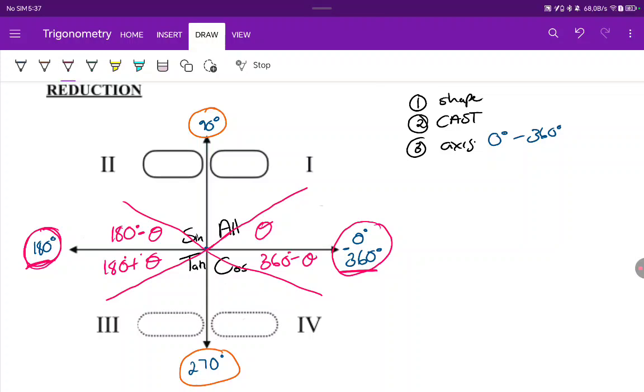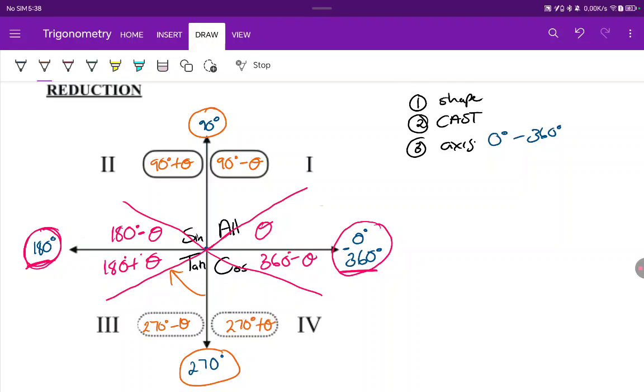Over here, you're going to have 90 degrees minus theta. Please remember, it's not the same. It's not this angle, but it's 90 degrees minus theta on the right-hand side. And on the left-hand side, we're going to have 90 degrees plus theta. At the bottom, you are going to have 270 going this way, subtraction, so 270 degrees minus theta. And on the right, you are going to have 270 degrees plus theta.